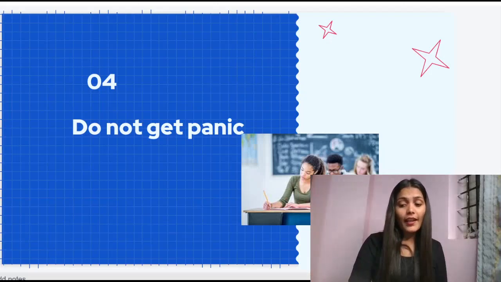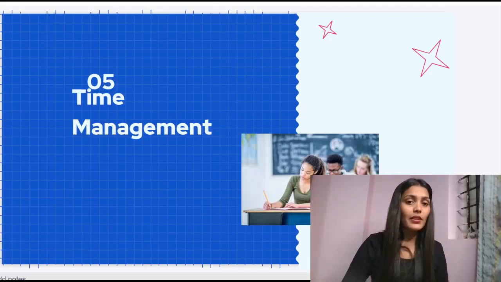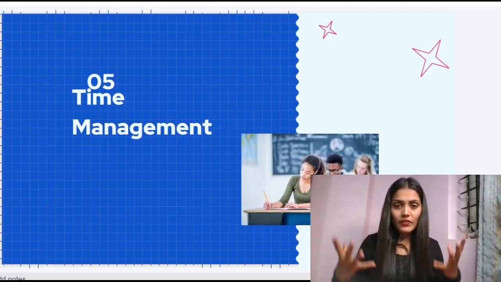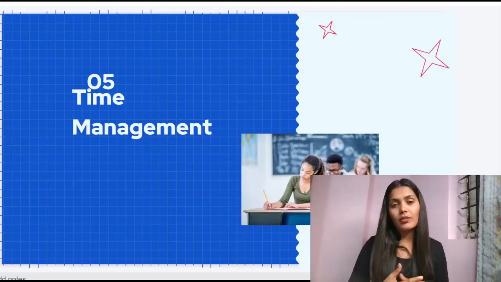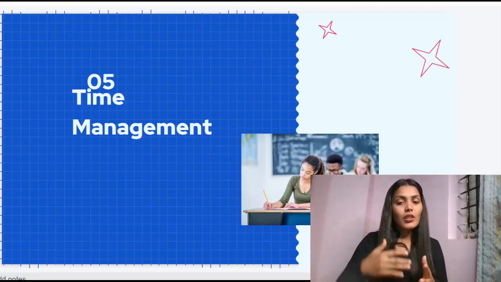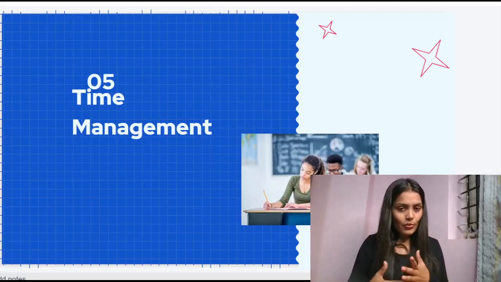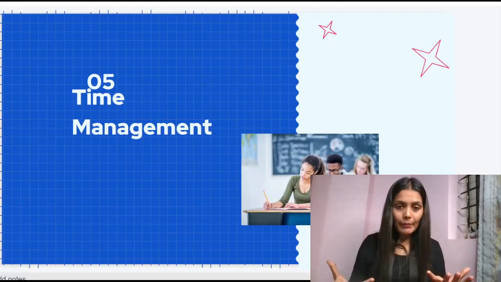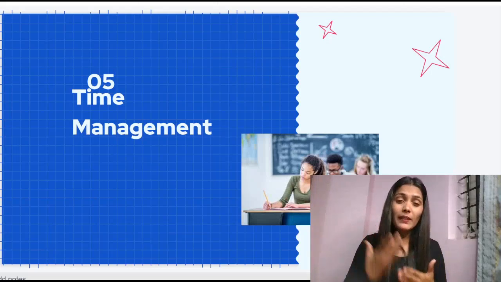And last but not least, the fifth tip is time management. Whether you know the answer or not, let's say you know the whole paper but you don't have time management.